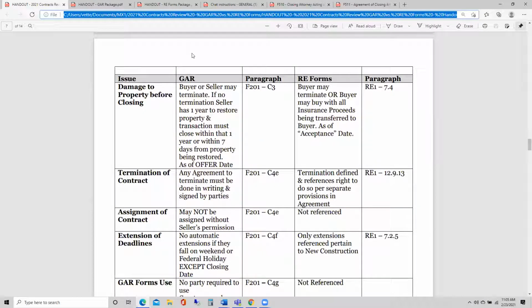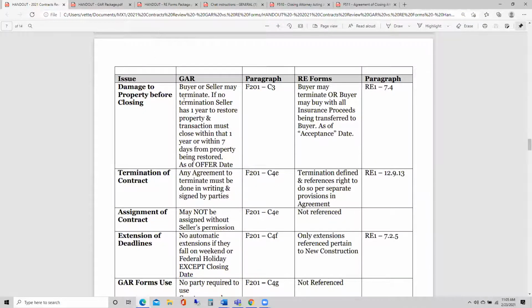Moving along to where it talks about damage to the property. This is basically if the property was destroyed by fire or a weather event or something along those lines.